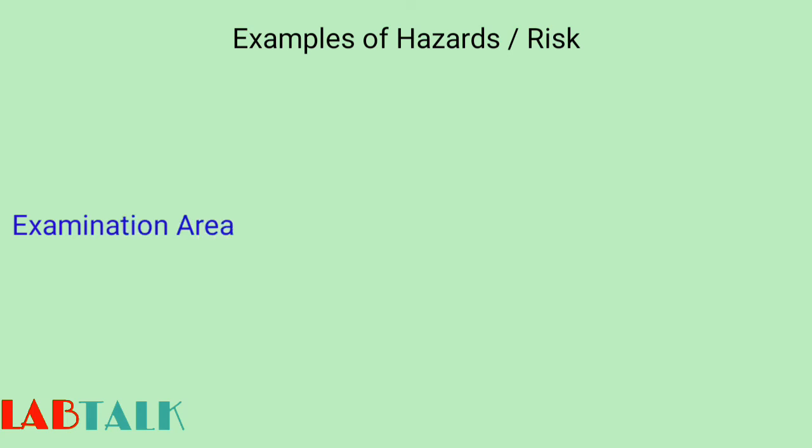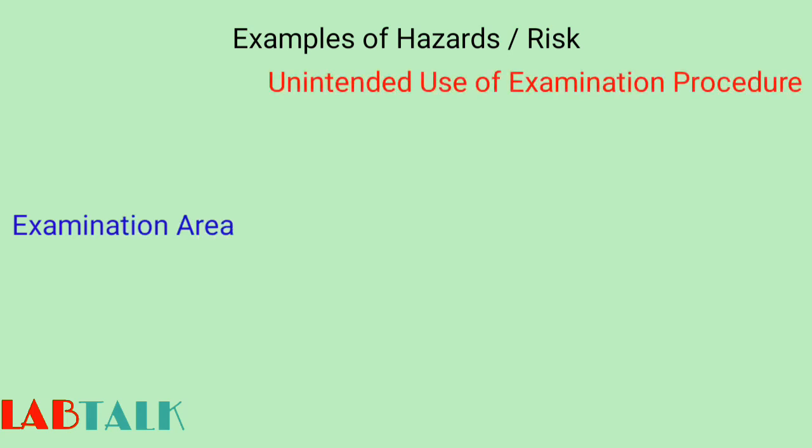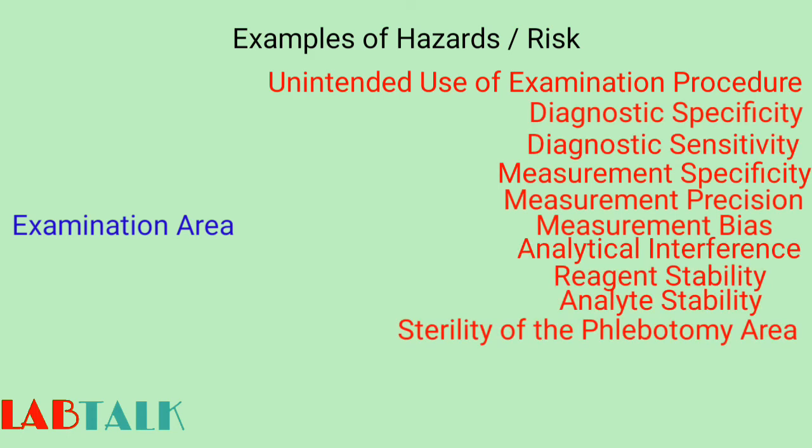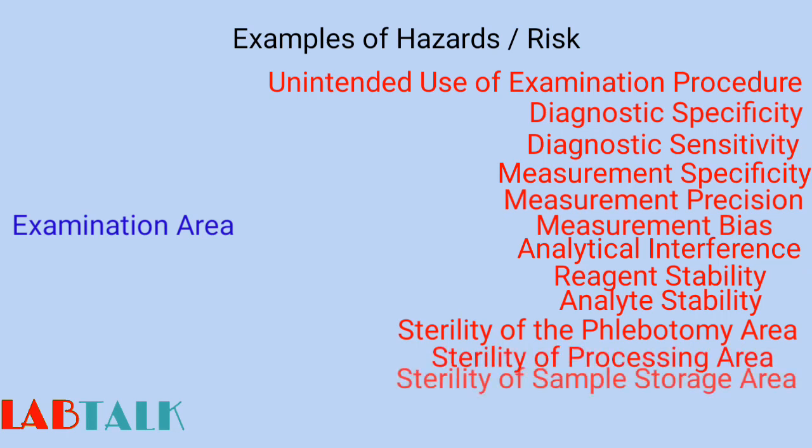Then in examination areas is the unintended use of laboratory procedures. Then characteristics of the examination procedure, such as diagnostic specificity, diagnostic sensitivity, measurement specificity, measurement precision, measurement bias, analytical interference, reagent stability, analyte stability, sterility of the phlebotomy services, sterility of the processing area, sterility of the sample storage area, and biological reference interval.